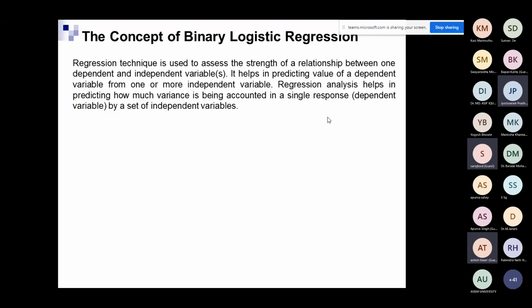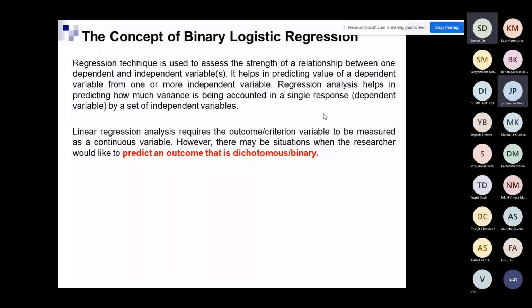When you have one dependent and multiple independent variables, we call it multiple regression. Regression analysis helps in predicting how much variance is accounted for in a single response, the dependent variable, by a set of independent variables. This is what we studied in regression.